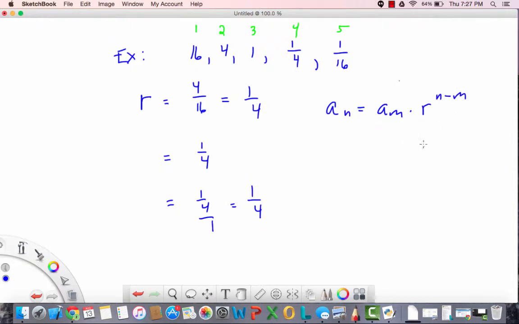And this formula can be used for a variety of reasons. One of the main reasons is to figure out what the nth term will be given the mth term and the common ratio. But you can also use this formula to find the common ratio if you have enough information.